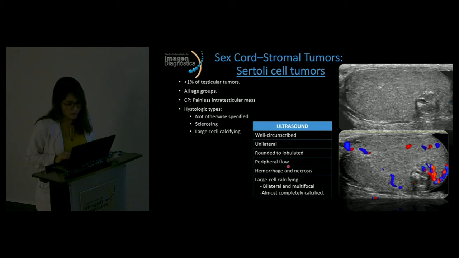They can have peripheral flow, just as in this example, and they can also have hemorrhage or necrosis within them. And they are also of the large cell calcifying type, which can be a bilateral and multifocal tumor, and it can also be completely calcified, but that is very rare.